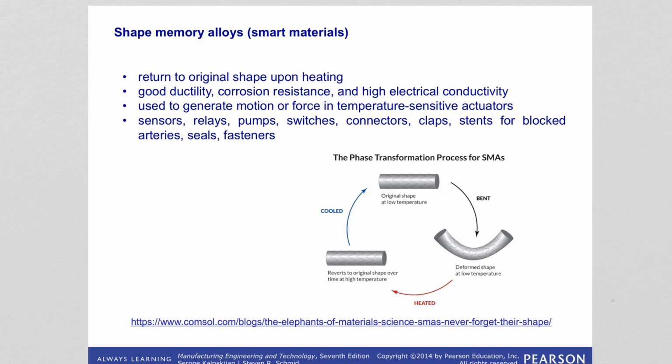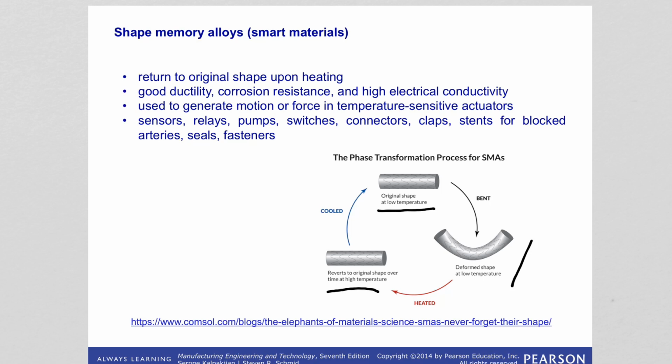So for example, this is the original shape at low temperature. You deform it, and if you heat it up, it will go back to its original shape. Okay, so of course there can be a variety of application areas for that.